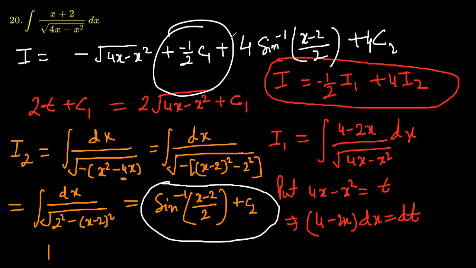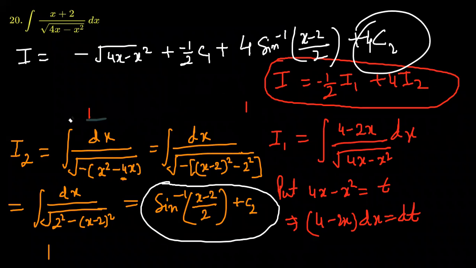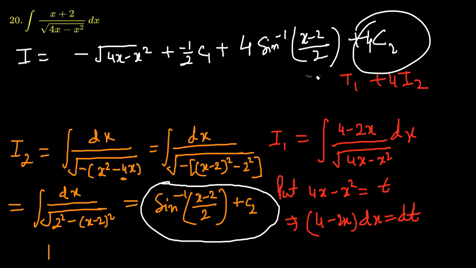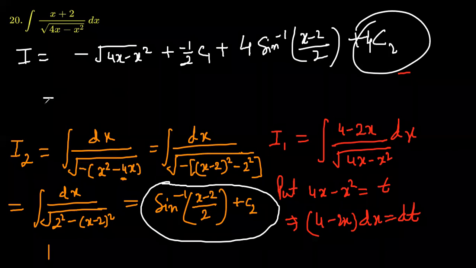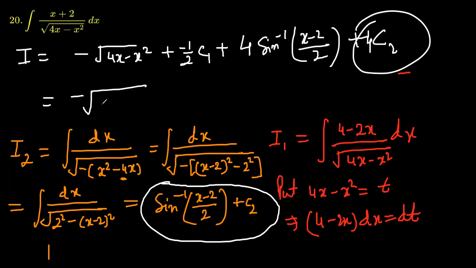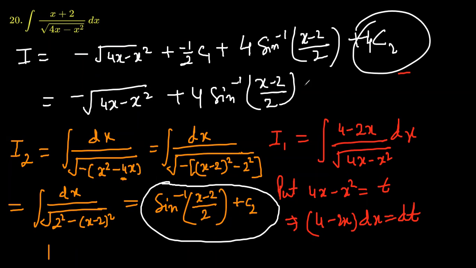But since these are constants, we want to write them together, and we will use just one letter c for that. So our answer would look like this: equal to minus the square root of 4x minus x squared, plus 4 sine inverse of x minus 2 divided by 2, plus c. And you are done.